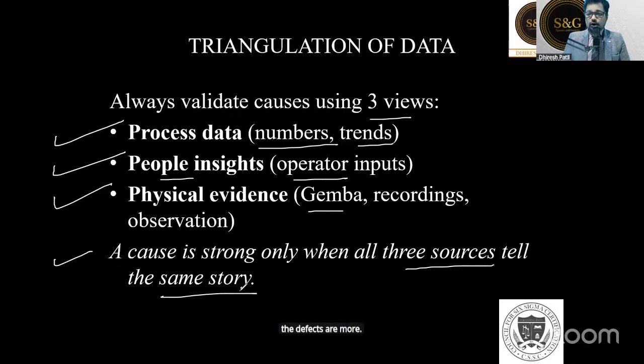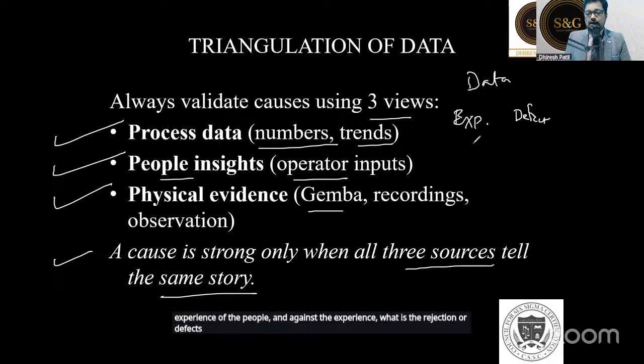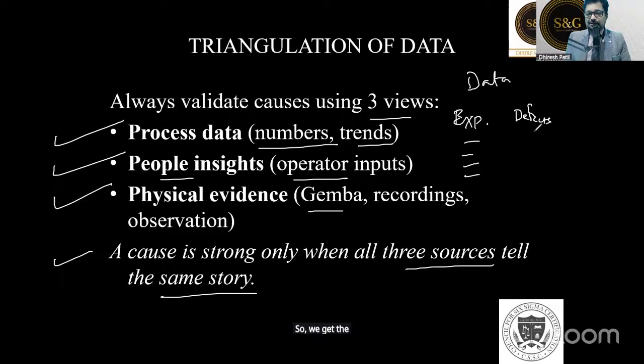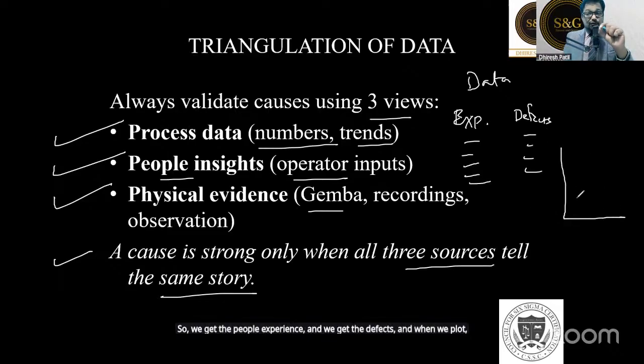So we do regression analysis or correlation analysis. We collect the data like this. Which data do we use? Experience of the people, and against the experience, the rejection or defects they are generating. When we plot, understand how the trend should be.